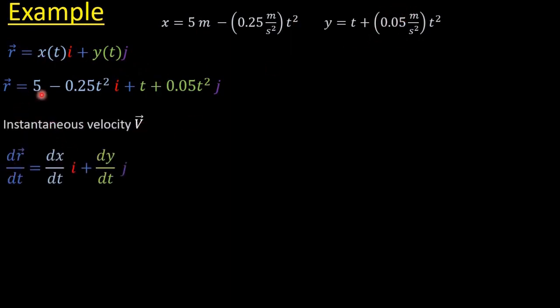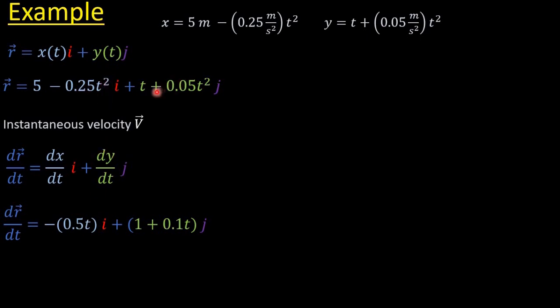So I take the derivative of this to get dr dt, which will be dx dt in the i direction plus dy dt in the j direction. So I perform the derivative. The derivative of 5 is going to be 0, and then differentiating minus 0.25 times t squared will give me minus 0.5 times t. So I just bring the exponent down, multiply it by its original coefficient, and reduce the exponent by 1.